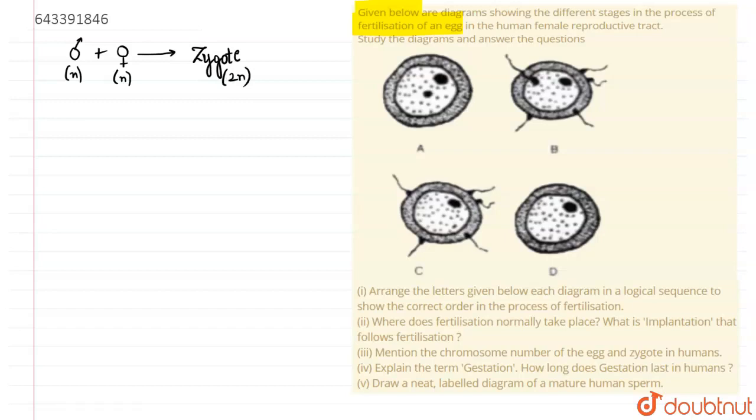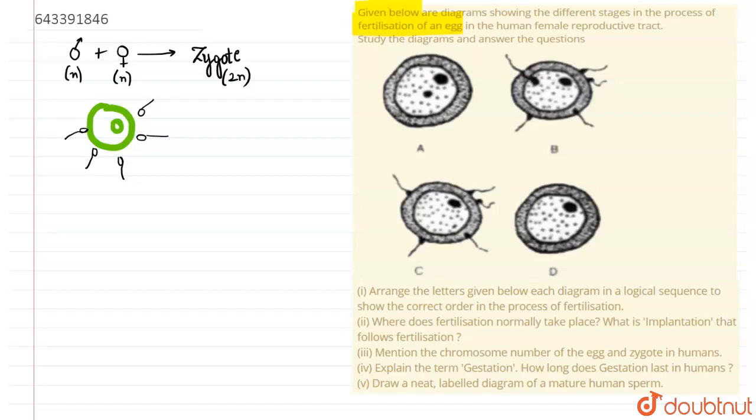Now, what exactly happens is, suppose it is an ovum. For this ovum, there would be multiple sperms trying to get inside, and the ovum would have its nucleus, right?